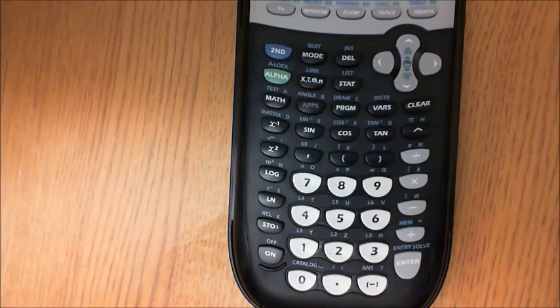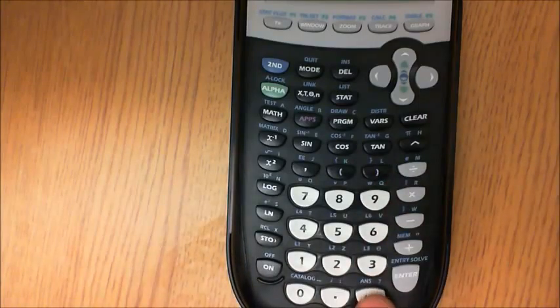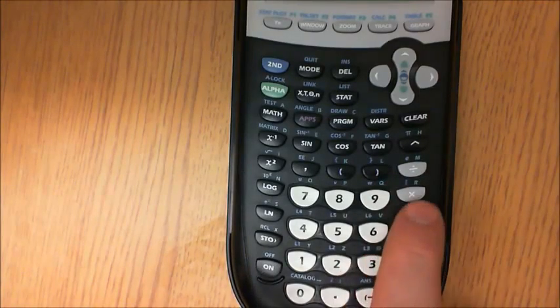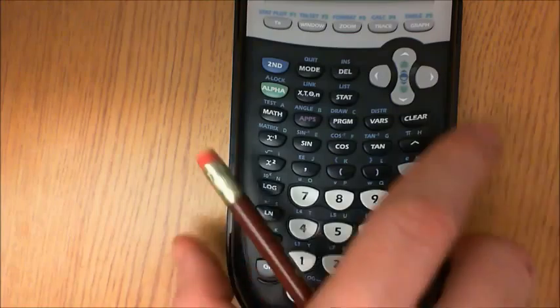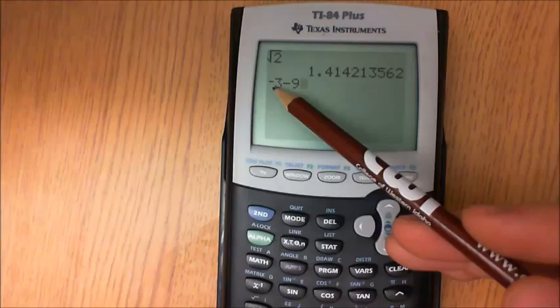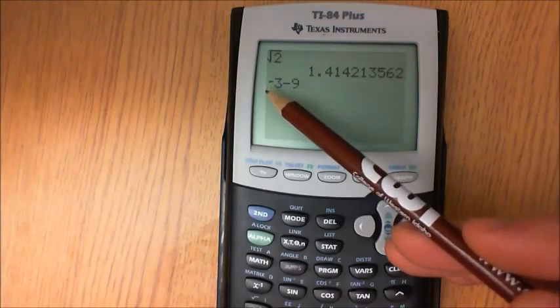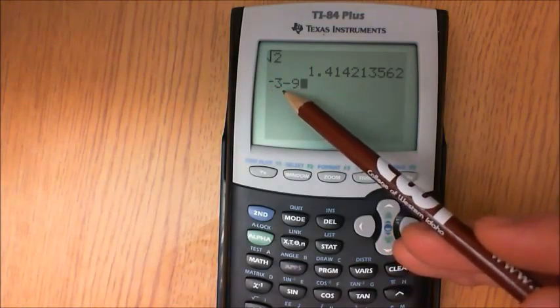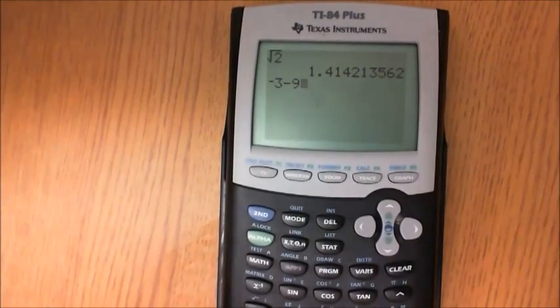If it's a negative, you have to push negative. So it would be like this, -3 minus 9. You'll notice that the negative is skinnier and elevated a little bit as opposed to the minus key. That's how you know you got the right one. So -3 minus 9 should be -12. I hit the enter key, that is correct.